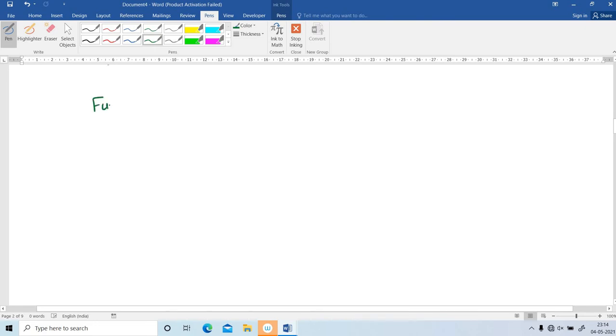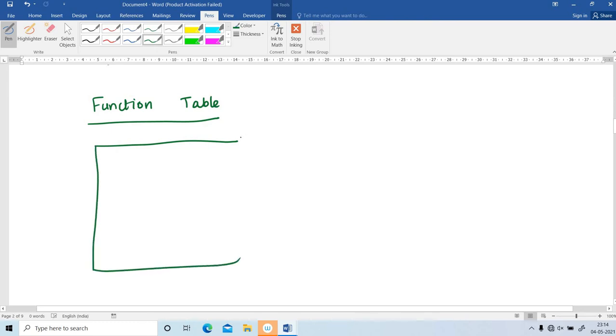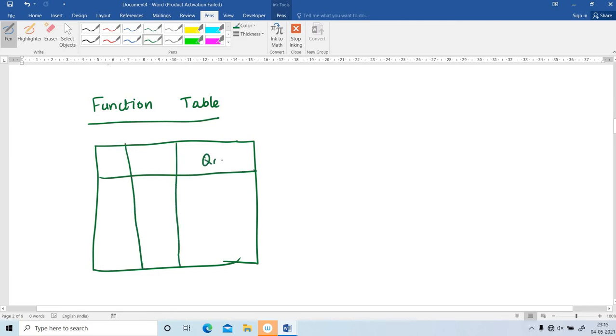So what is the function table? In the function table, what are the values I am going to take? That is S, R, then Qn plus 1.